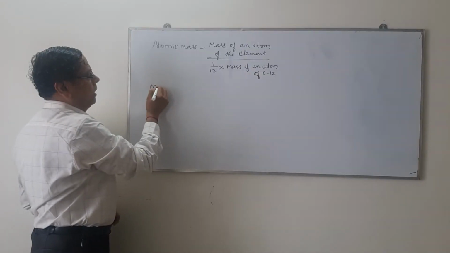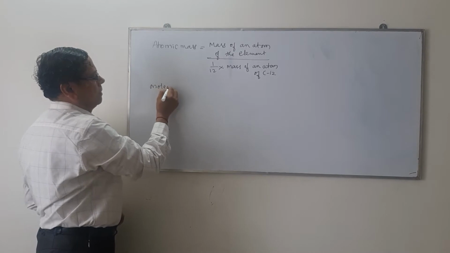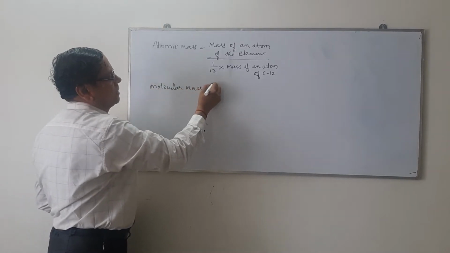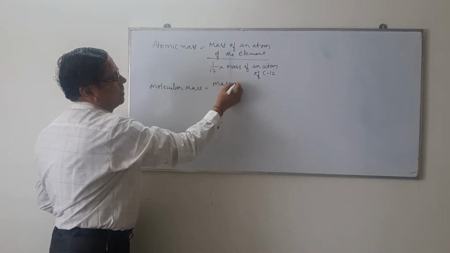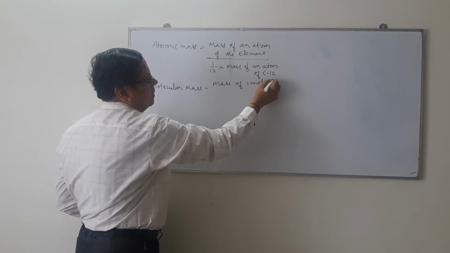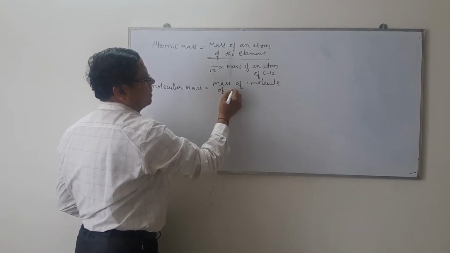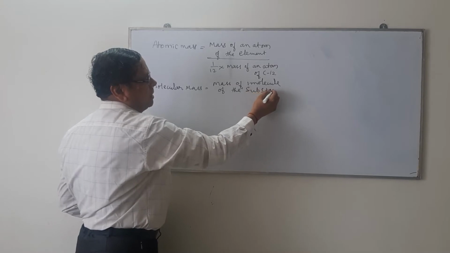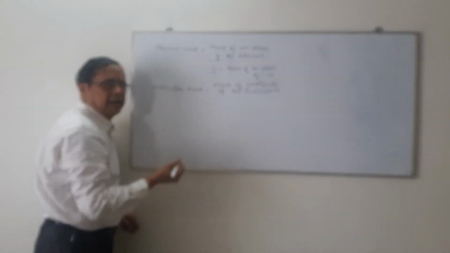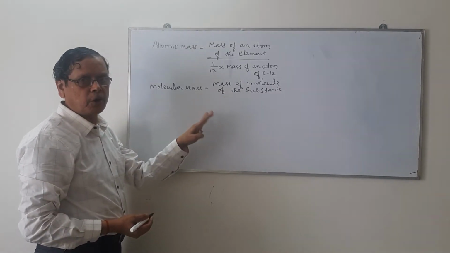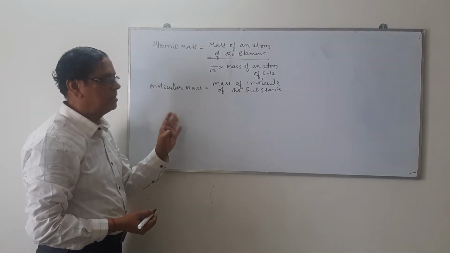Similarly, molecular mass is defined as the mass of one molecule of the substance. Here I am using the word substance because it may be applicable to even an element also. Hydrogen H2 is a molecule, hydrogen atom H is an atom.